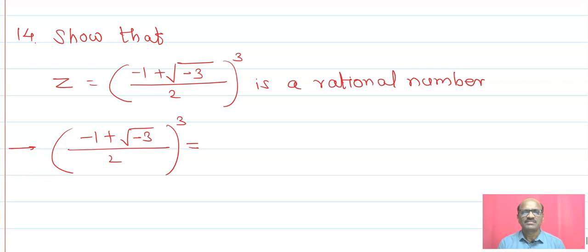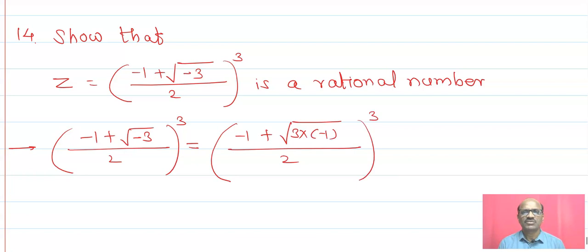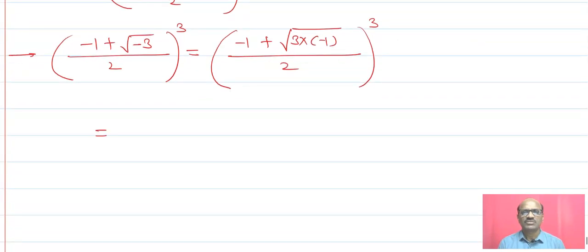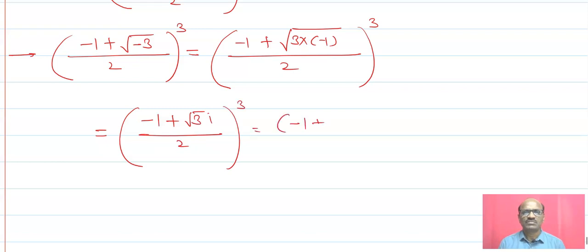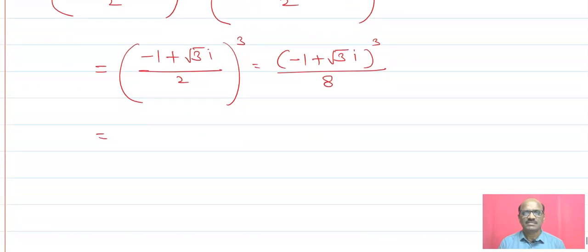Now see this, we will expand this by using the formula a plus b bracket cube. Now here, that is minus 1 plus root 3i upon 2 bracket cube, that is equal to minus 1 plus root 3i bracket cube upon 8, that is 1 by 8.